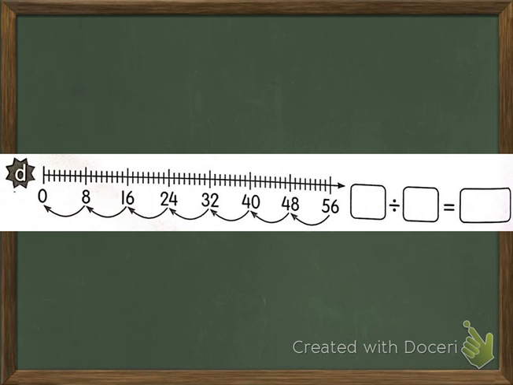Okay, go to the next example. The first here, what is it? What you have to do is the total number. The total number here, look at this number line, is 56. So 56 divided by, can you guess? What is the number of objects in each group?